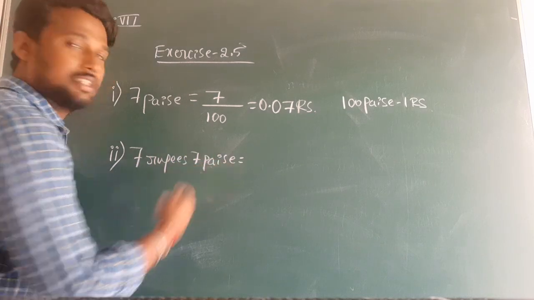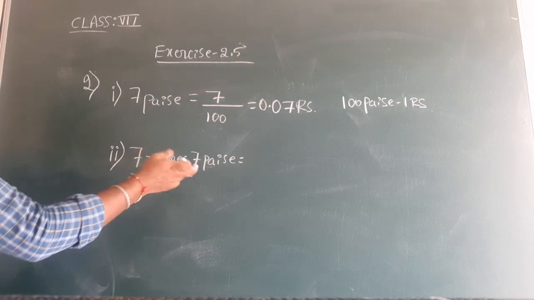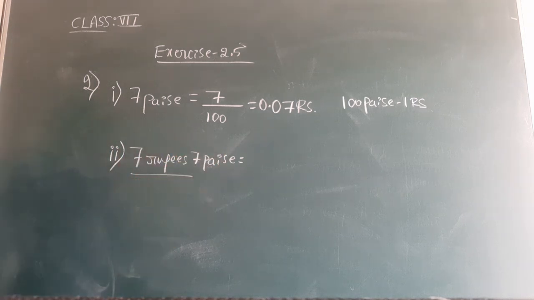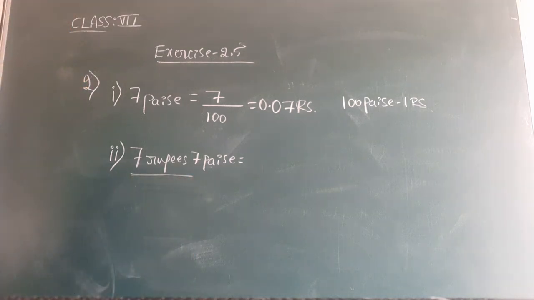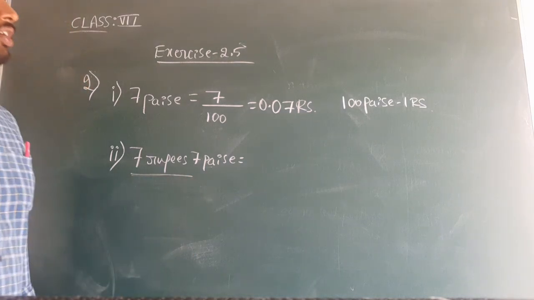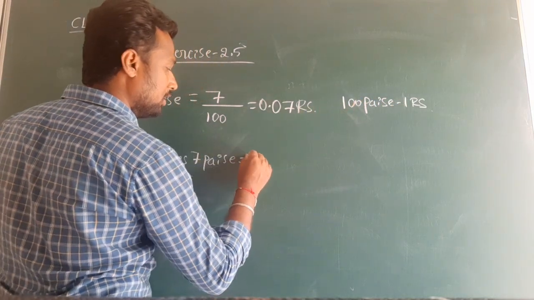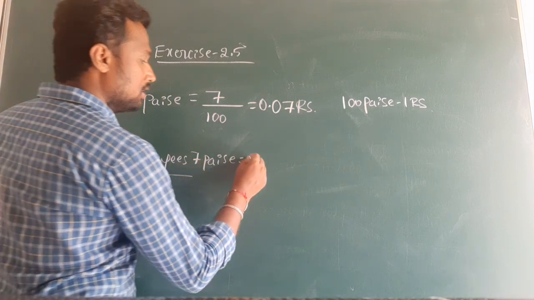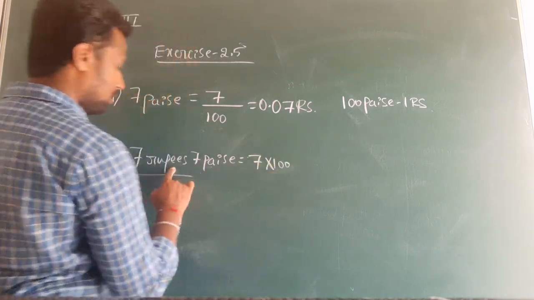To convert this whole value to paise, first we will convert the 7 rupees to paise. So 7 rupees means how many paise? For 1 rupee we have 100 paise. So 7 rupees means 700 paise, 7 into 100.